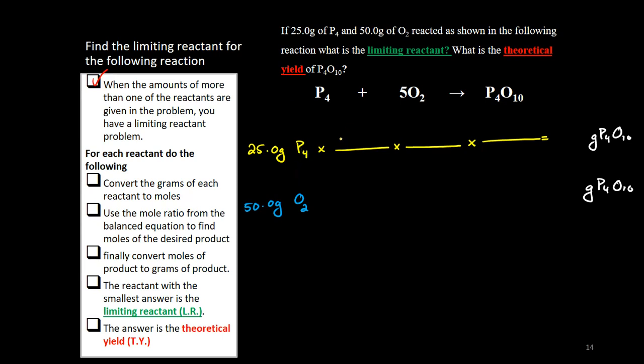Okay, that's going to be 1 mole of P4 over 123.88 grams of P4. Where did I get the 123.88? It's phosphorus's molar mass 30.97 times 4, because P4 has 4 phosphoruses.